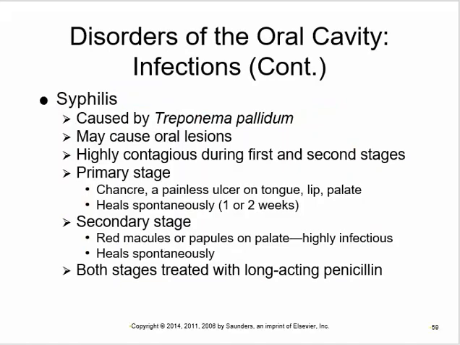Less common because of antibiotic therapies now is syphilis. Syphilis can cause oral lesions that are very contagious. The first thing that happens, so primary syphilis, you get painless ulcers on your lips and your palate and your tongue. They're called syphilitic cankers.